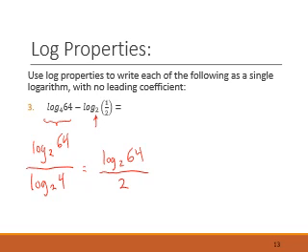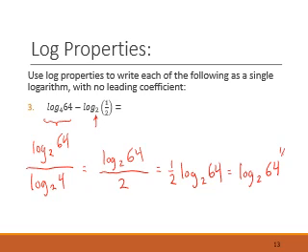Now, dividing by 2, that's the same as multiplying by 1/2. And remember, leading coefficients can be thought of as exponents. And don't forget, raising to the 1/2 power is the same as taking the square root.